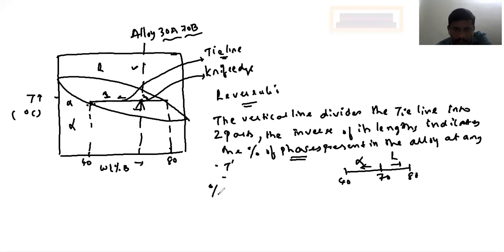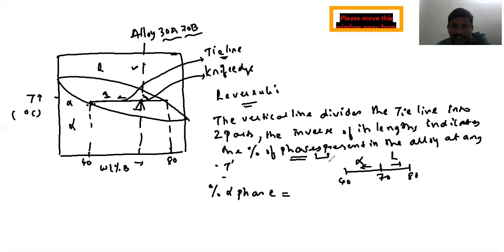So the percentage of alpha phase as per the lever rule, which states that the inverse of the length is the percentage of phase present. So if you want to find the percentage of alpha, take the reverse length.